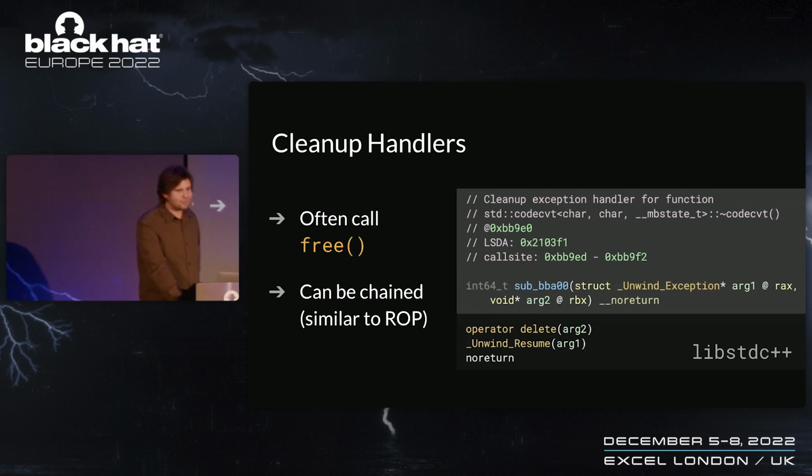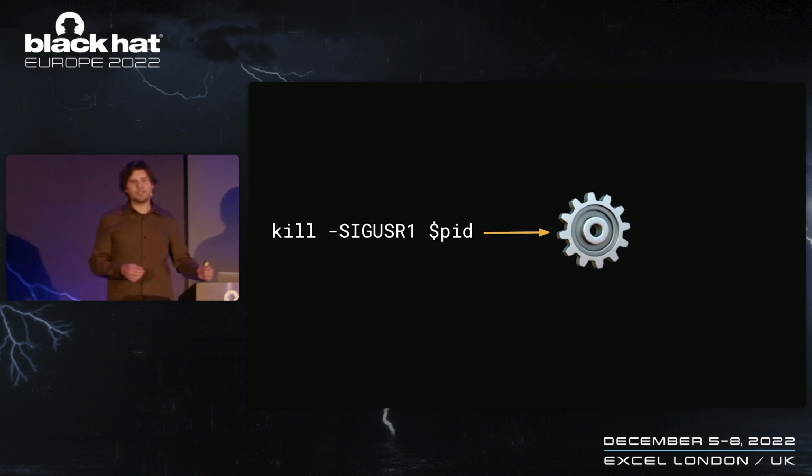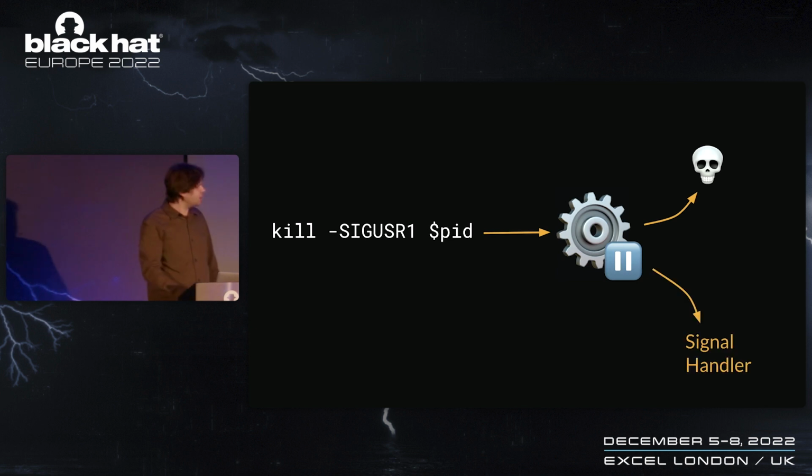OK. So to understand other ways that we can trick the unwinder, let's look a little bit at how signal handling works. When a process receives a signal, the operating system will stop this process, and it's going to decide to either kill the process or execute a signal handler.